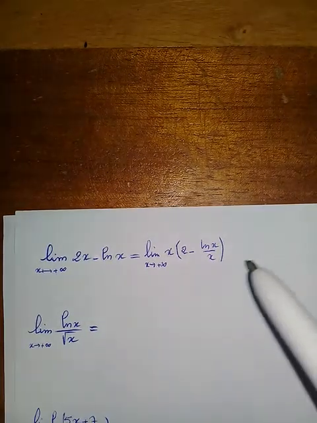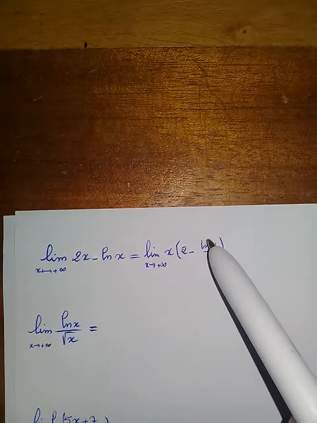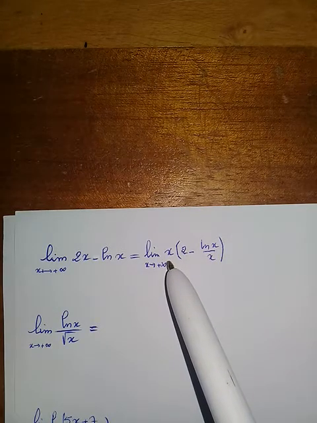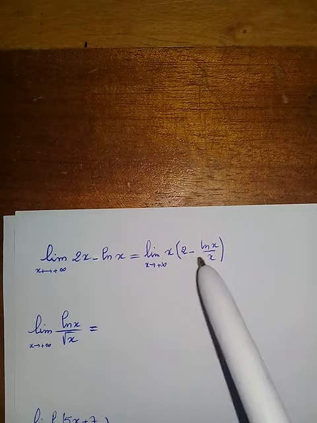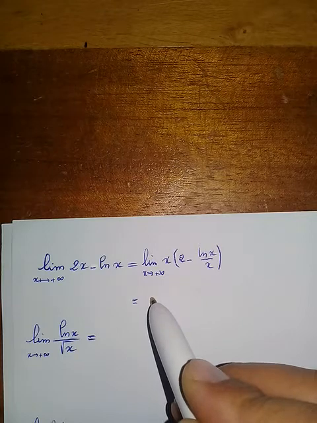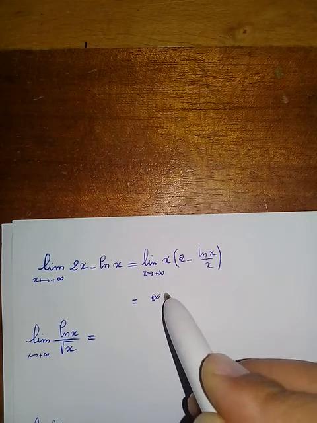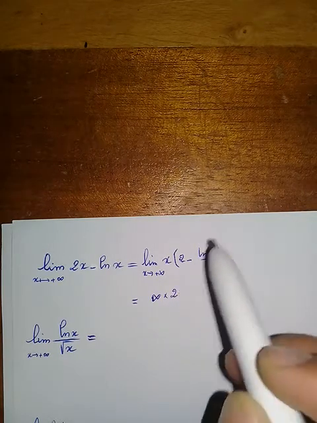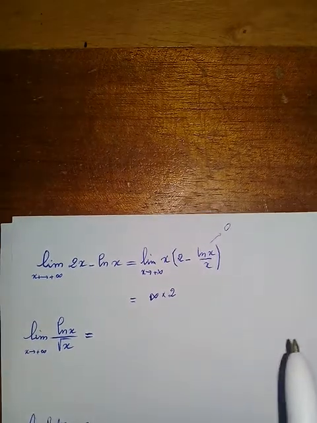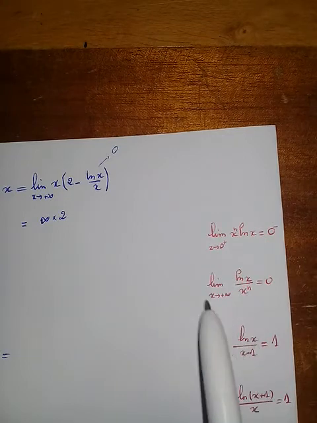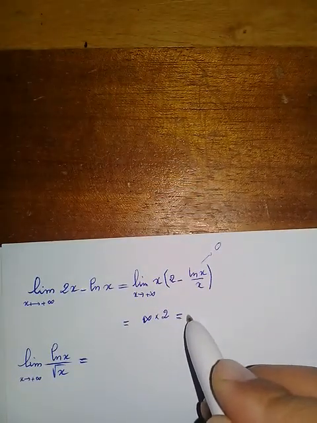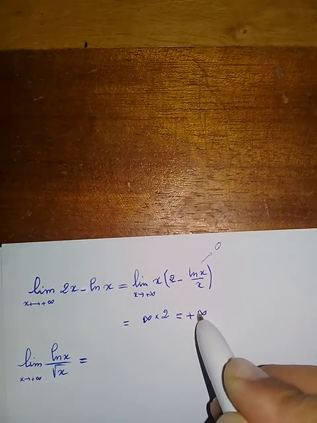And this is 0 when x approaches infinity. So we get infinity times 2, because this is 0. See here. And infinity times 2 is infinity, positive infinity.